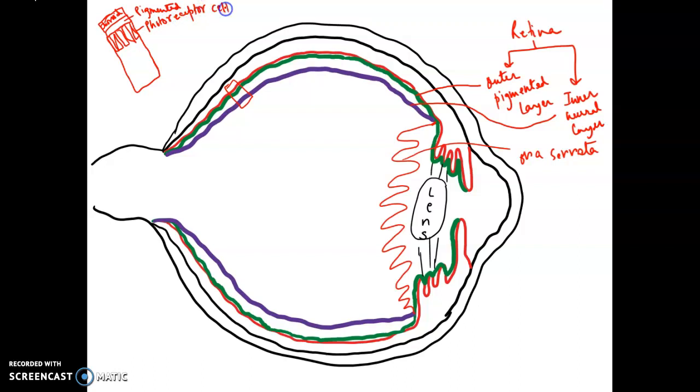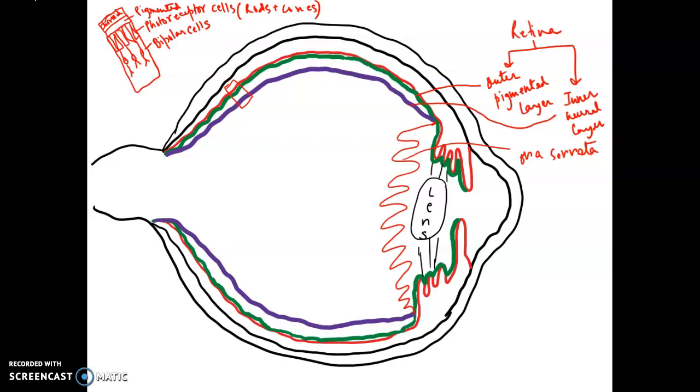The rods and cones synapse with bipolar cells. So these are bipolar cells or the bipolar neurons.